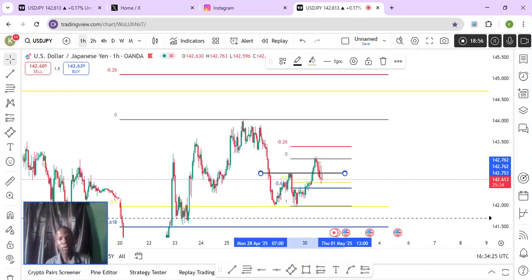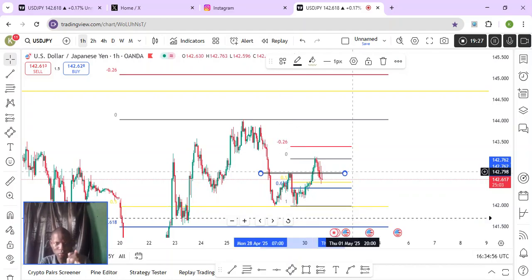But if we did not, see guys, this is where it gets tricky. If we did not, we have to chill and wait for the market to properly come here to test this level. I said earlier that I wasn't comfortable with this double bottom. That's why I didn't take this trade. But if we see a bullish candle here, we are going to enter this trade. But if we did not, we have to chill and wait for the market to come back to test it properly, because you can see it didn't test it properly.